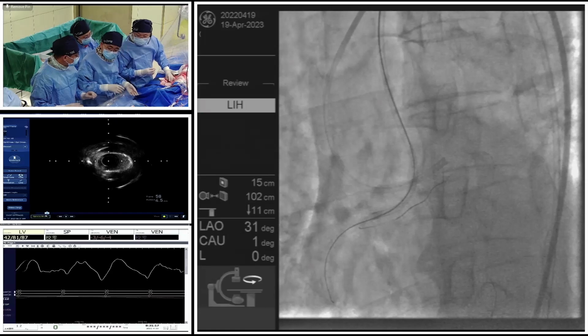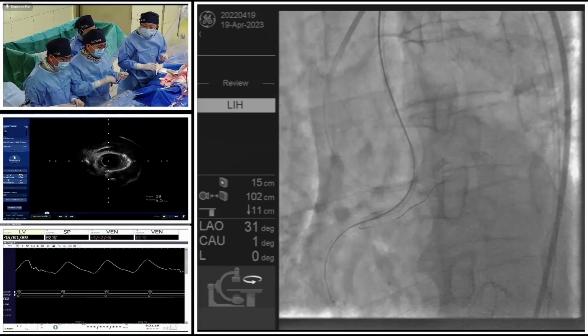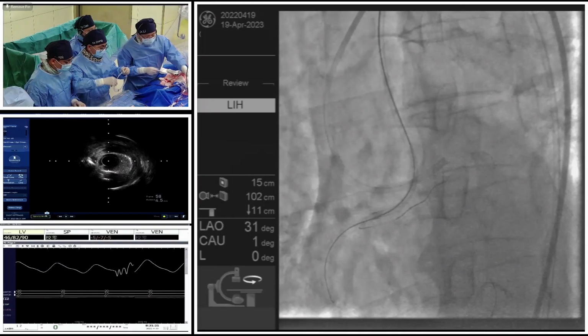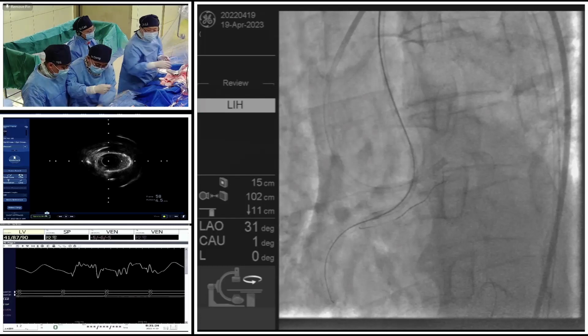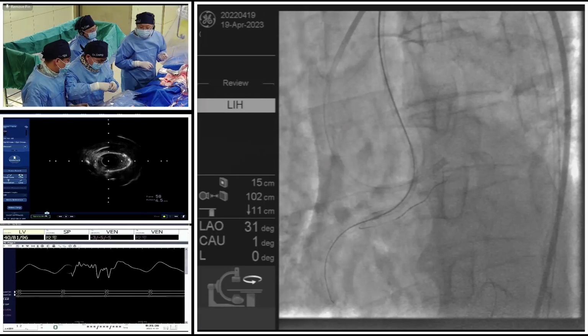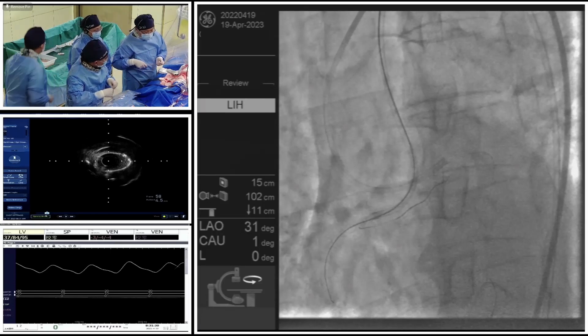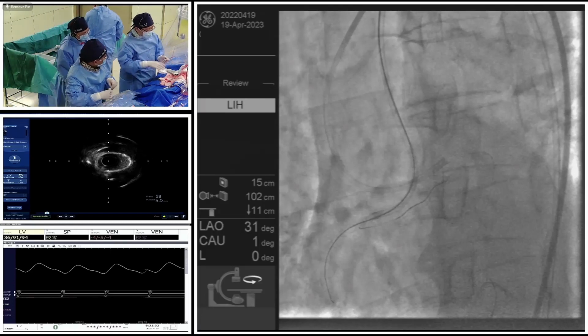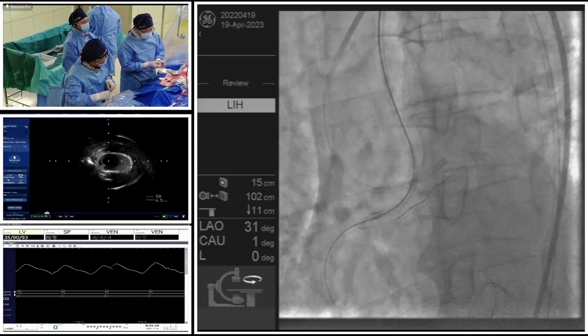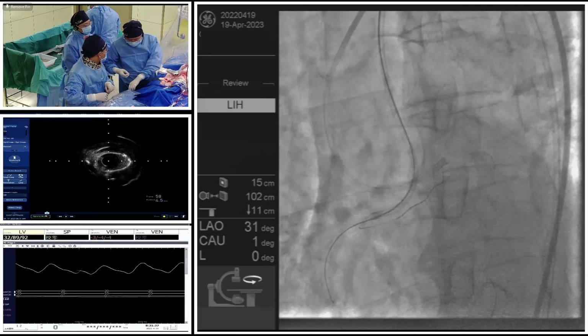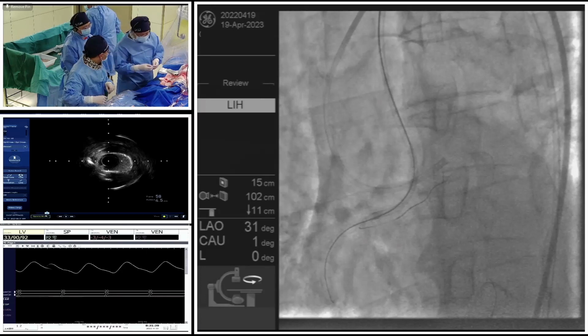So we are switching to the third wire from the antegrade. We use the dual lumen catheter to help do the parallel wire technique. It has many advantages: it helps us easily advance and exchange wires, and increases the backup support.